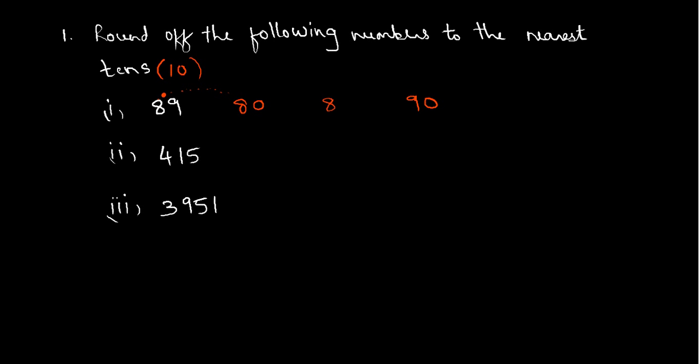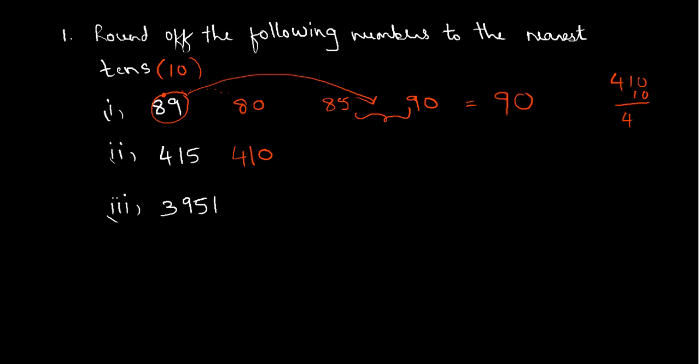Okay, now this 89 belongs to this range. Okay, that is near to 90. Okay, next tens place, write 0 and write 41 as it is. Okay, add 10 to it. 410 plus 10 is 420. Okay, write 420.